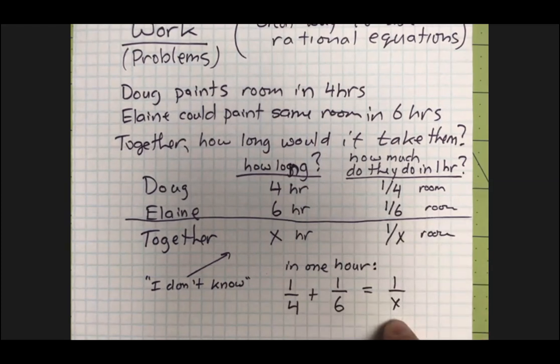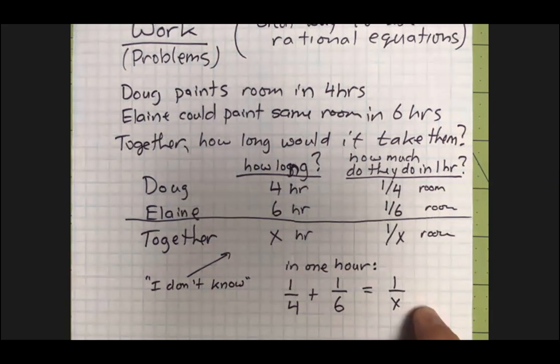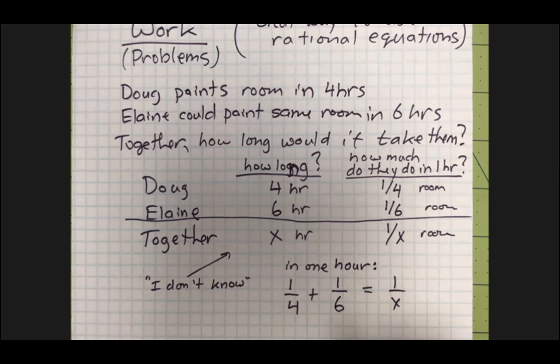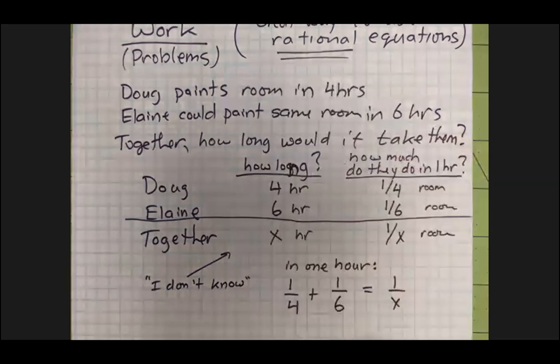There's my equation. There's my rational equation. Now, this is the first example in that work problem section, so it's not a long one. But I still have work to do. But I have an equation. I have a rational equation.